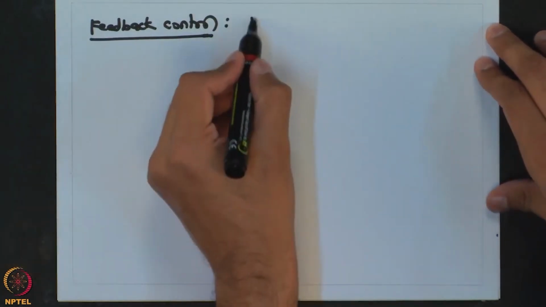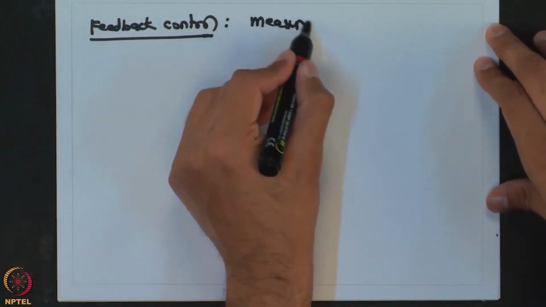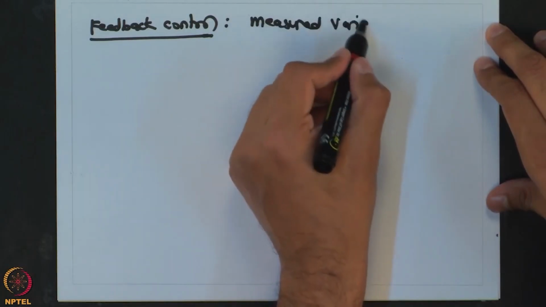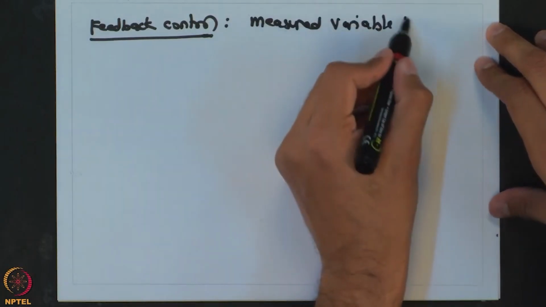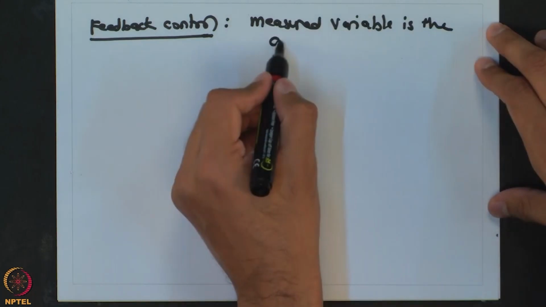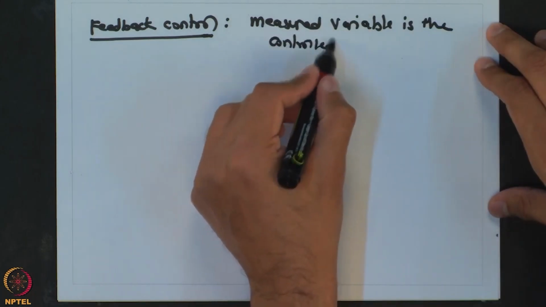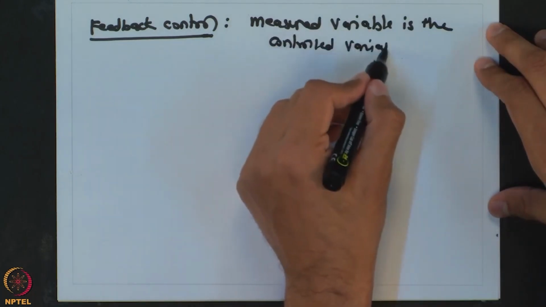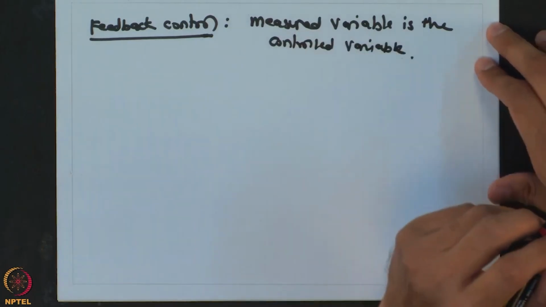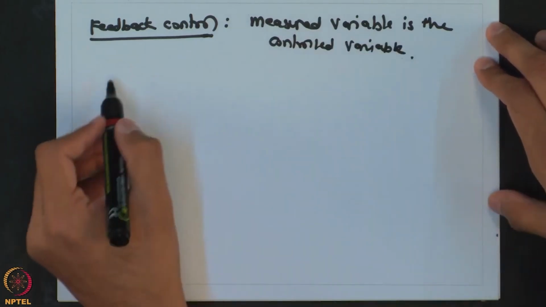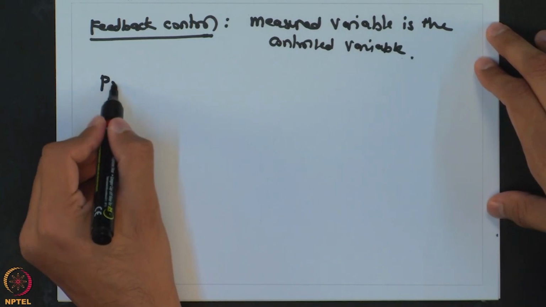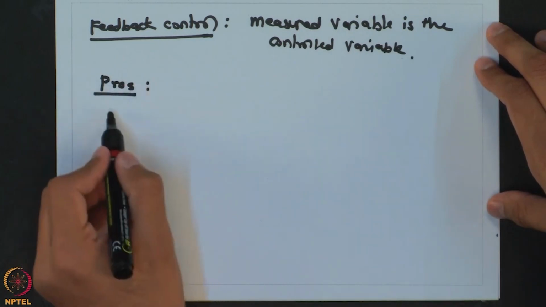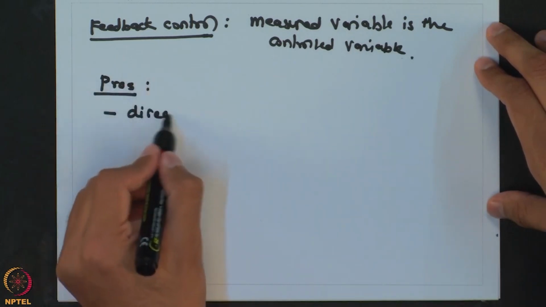So in feedback control, the measured variable is the controlled variable, and because of that the advantage is it gives you direct monitoring.